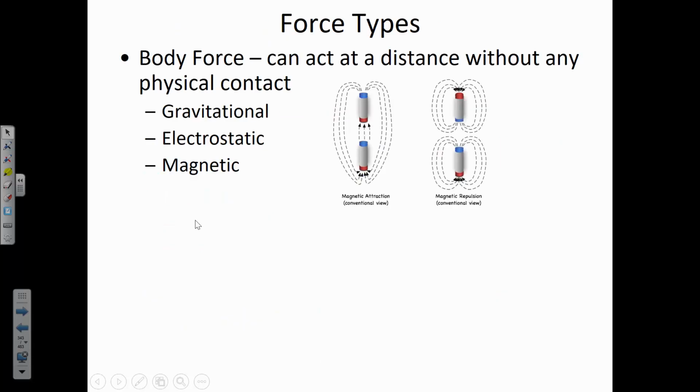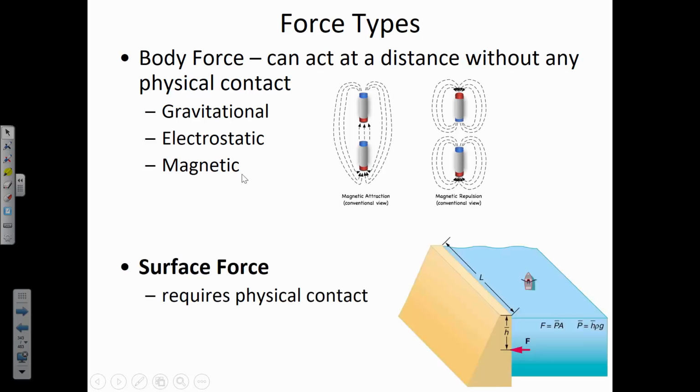Now we have to talk about what kind of forces we mean, because in the momentum equation, the sum of the forces are not the body forces. Body forces are those that can act at some distance away from the object in question without actually making any physical contact. And so there are gravitational forces, electrostatic and magnetic body forces, but what we're talking about instead are surface forces.